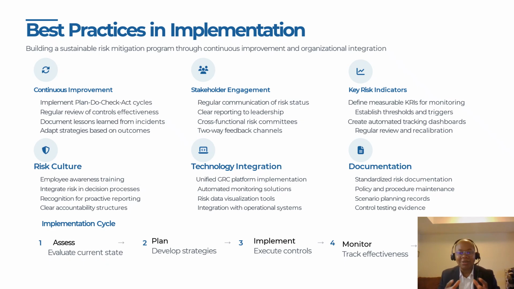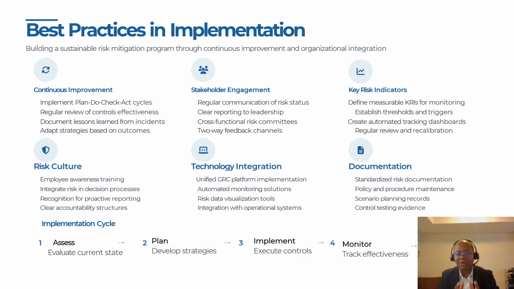Also, there is technology that can be integrated to help in ensuring that your risks are properly managed or mitigated. First, unified GRC platform implementation is one. Automated monitoring solutions, risk data visualization tools, and integration with operational systems so that everything is linked together.